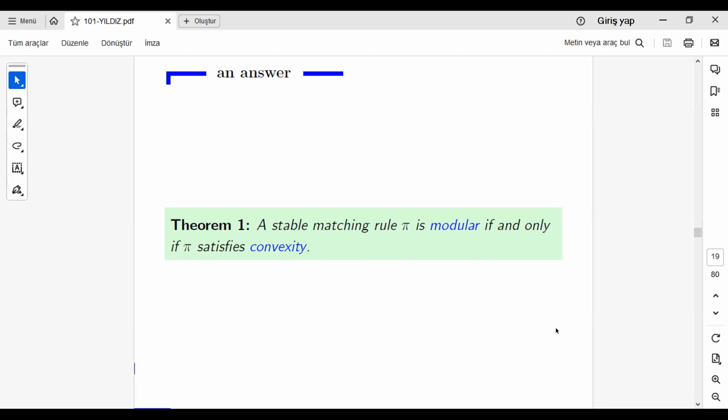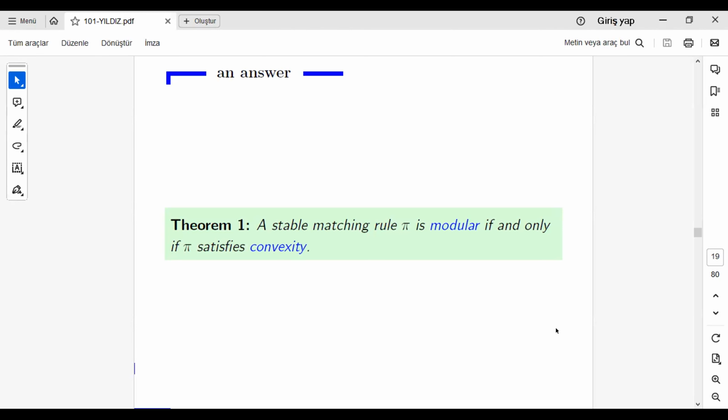It says that if a matching rule is modular, in other words, if it can be gotten by minimizing a modular function, then the solution set has this property called convexity. In the other direction, pick any subset of the lattice.